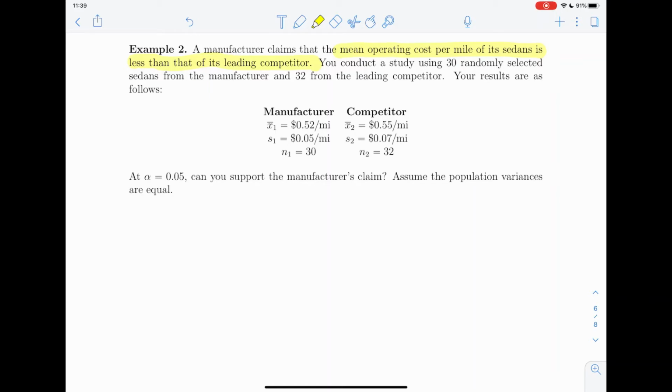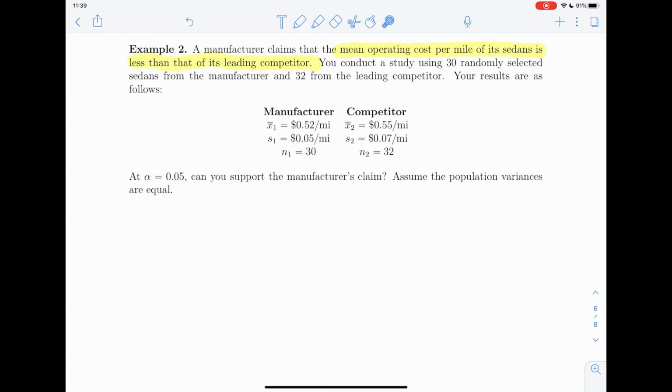We conduct a study using 30 randomly selected sedans from the manufacturer and 32 from its competitor, and then we run some quick statistics. We get a pair of sample means, some sample standard deviations. Of course, we have the sample sizes we did. At a 5% level of significance, the question is, can we support the manufacturer's claim?